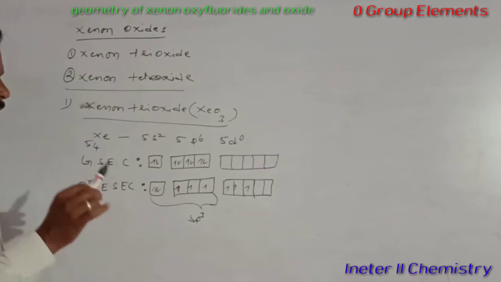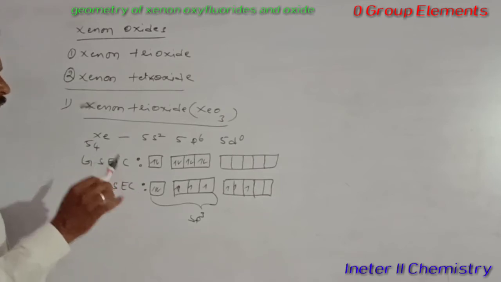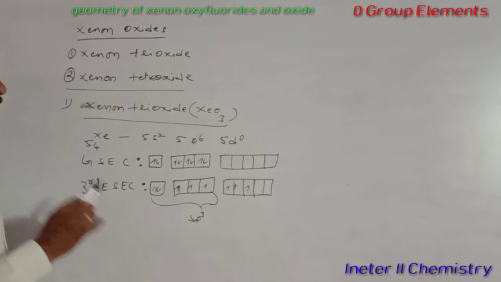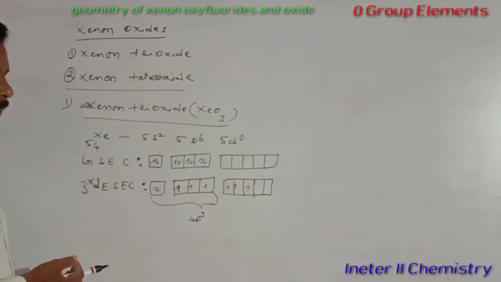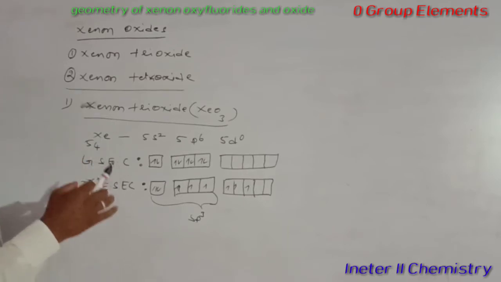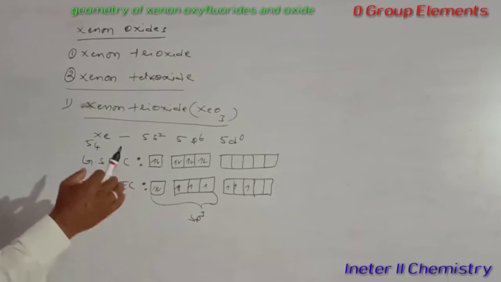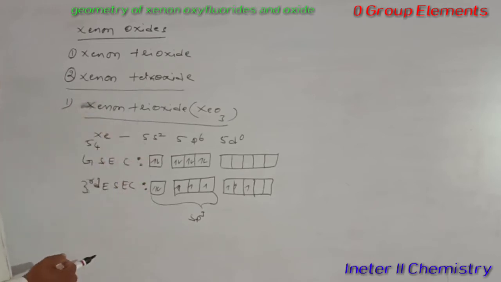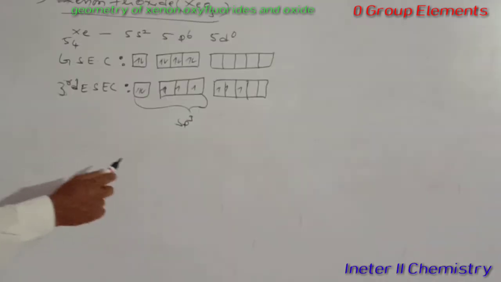These 3 unpaired electrons of sp3 orbitals of xenon overlap with the p orbitals of 3 oxygen atoms separately, then 3 sp3-p sigma bonds are formed.